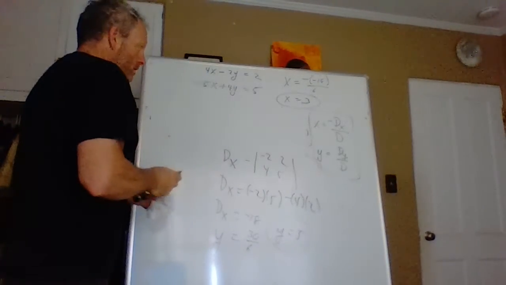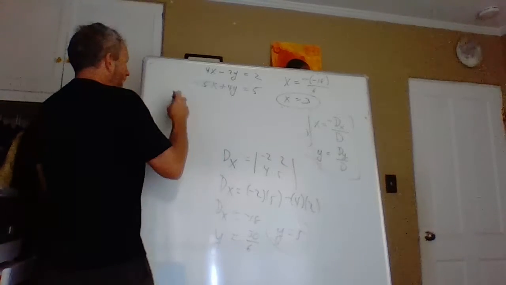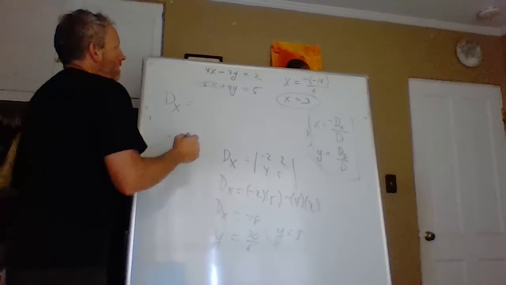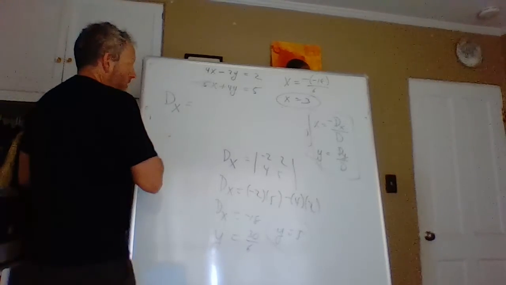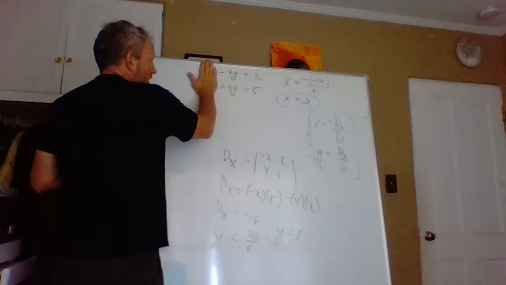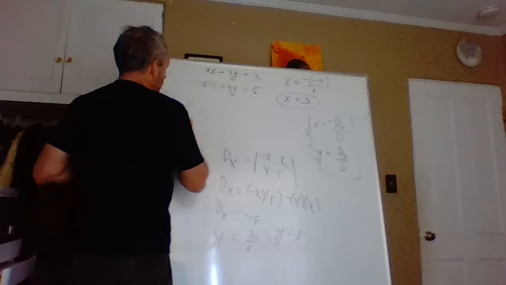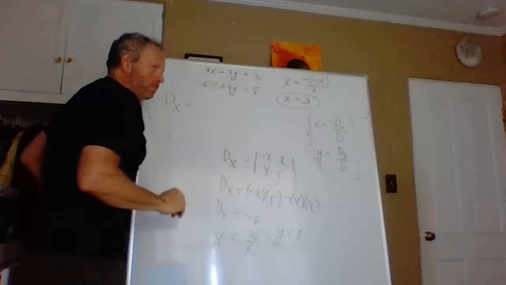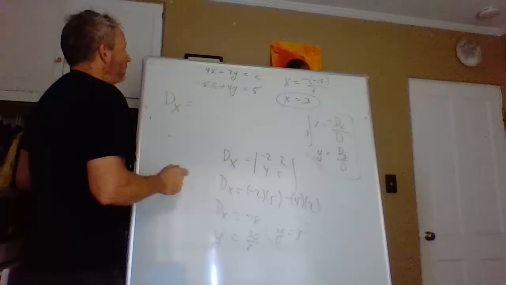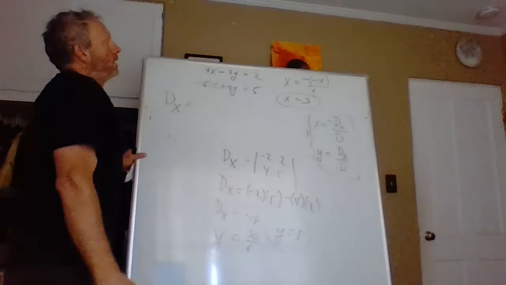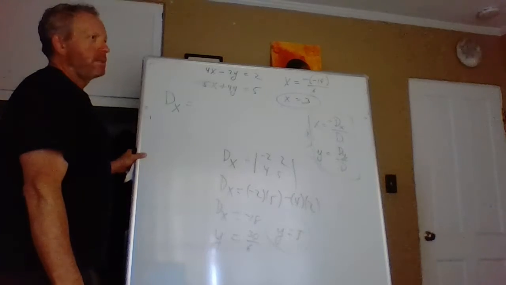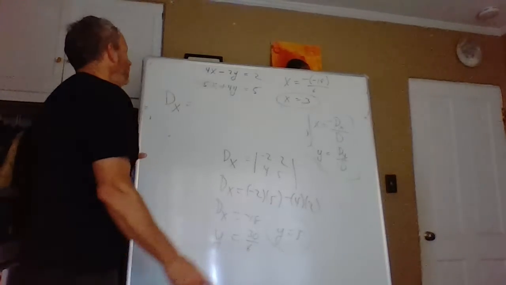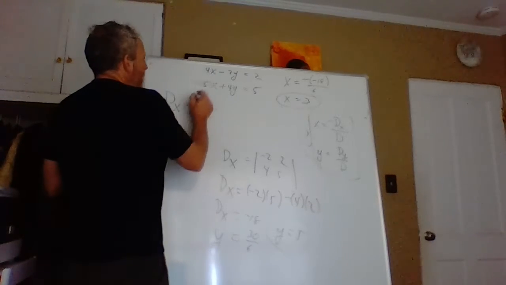The way the book does it, to find D sub x you should replace the x column with just this plain old coefficient column over here. Later on, you're going to find out that we can refer to these columns and also rows as vectors, but not in this course, so I shouldn't even have said that. Okay, let me go ahead and do that.